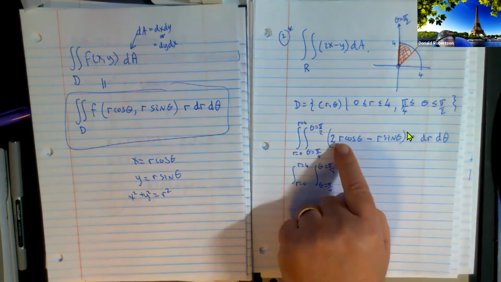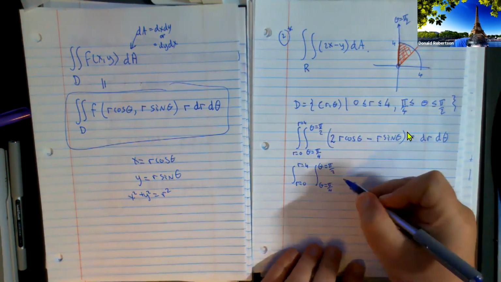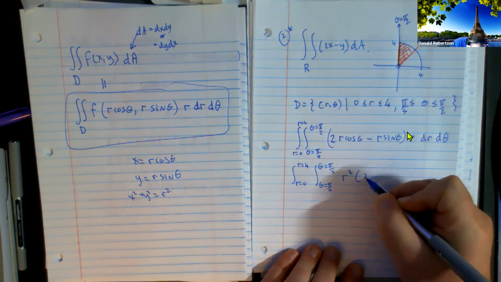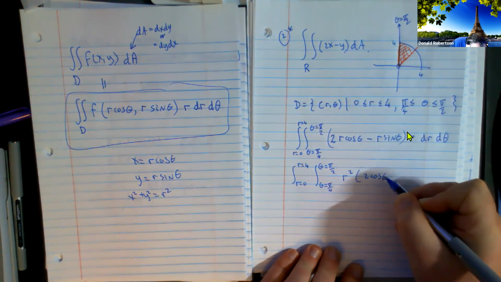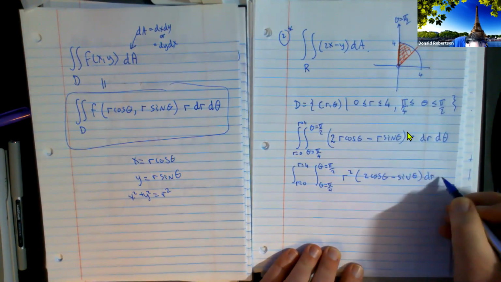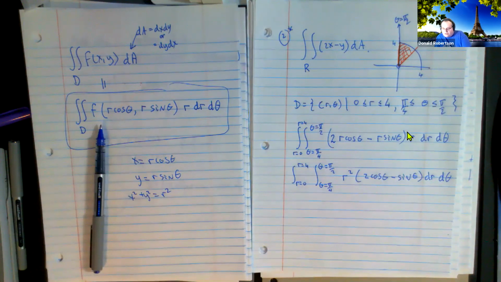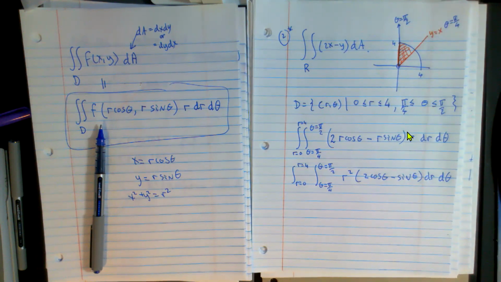I'm actually going to pull this r out as a common factor and multiply it by that, and I am going to get r squared, 2 cosine theta, take away sine theta, dr, d theta. Why do you think I've decided to do the style points in this form instead of just multiplying it out and have 2 terms? So it's separable?